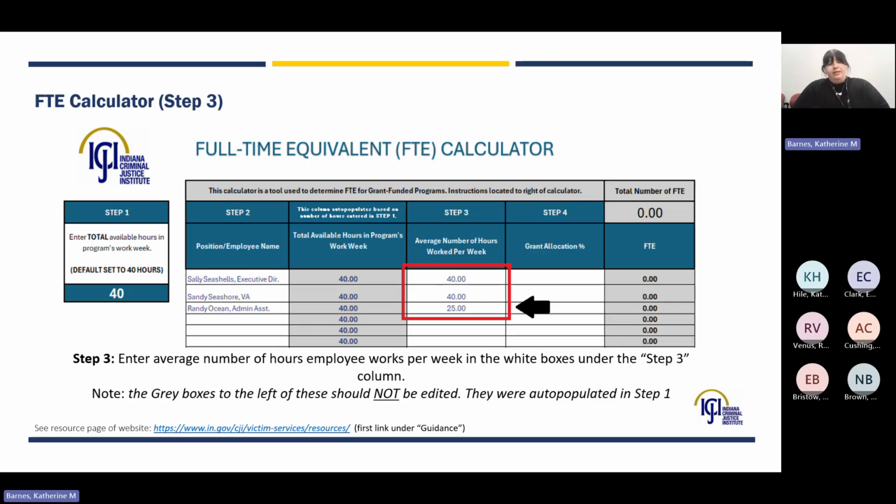In this hypothetical scenario, Sally and Sandy, this is an agency that does 40-hour work weeks, and they're full-time. They work 40 hours each. However, Randy is a part-time staff member, and he on average works 25 hours a week. So that will indicate whether or not this is a full-time or part-time staff member and then help you calculate the FTE accordingly.